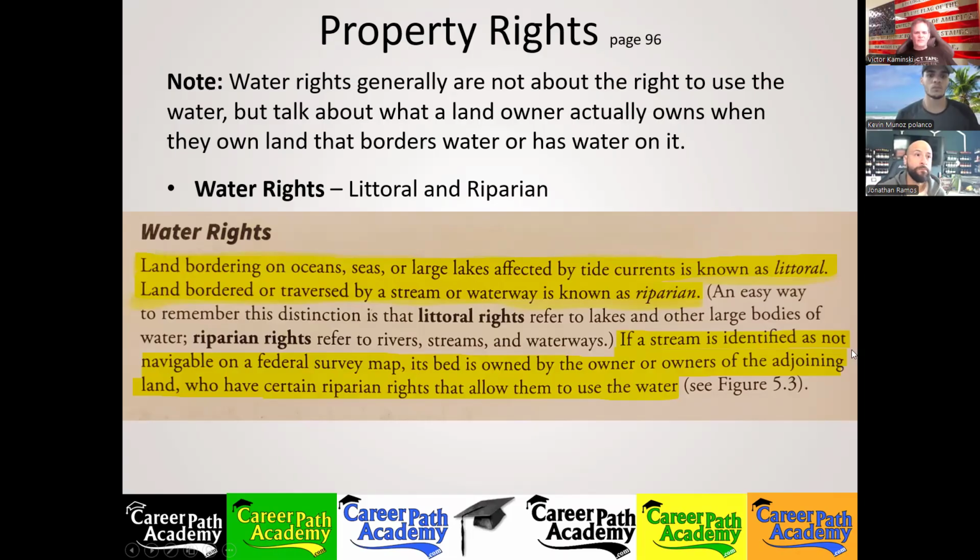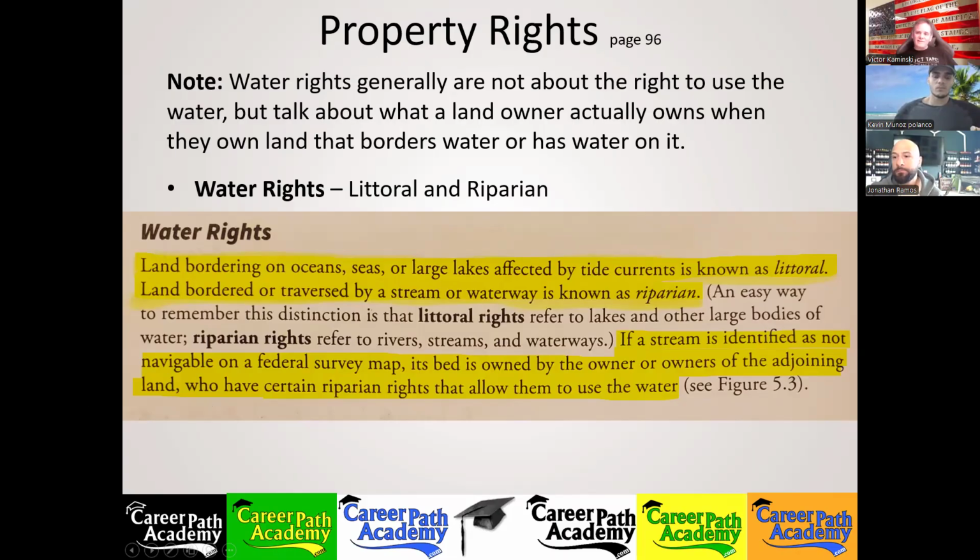So if a stream is identified as not navigable on a federal survey map, its bed is owned by the owner or owners of the adjoining land. So that means they could actually own the land under the water, who have certain riparian rights that allow them to use the water.